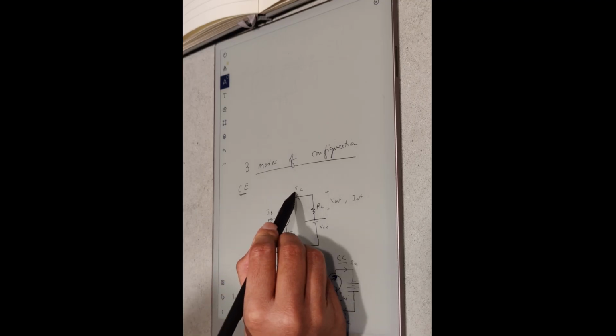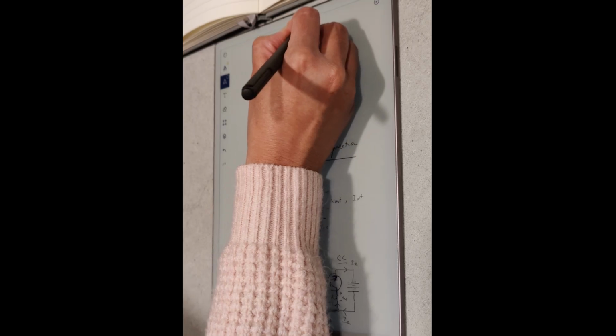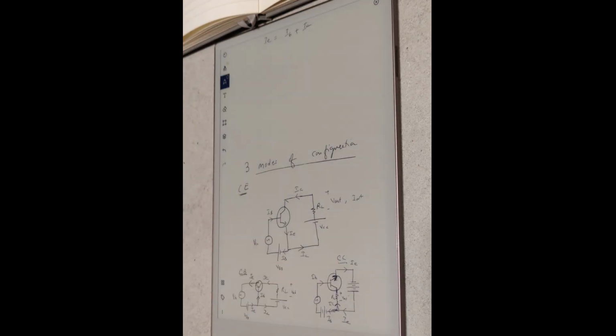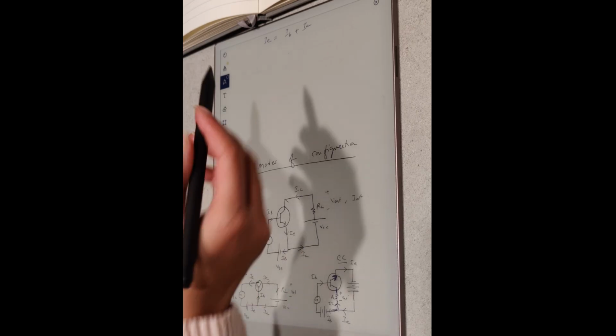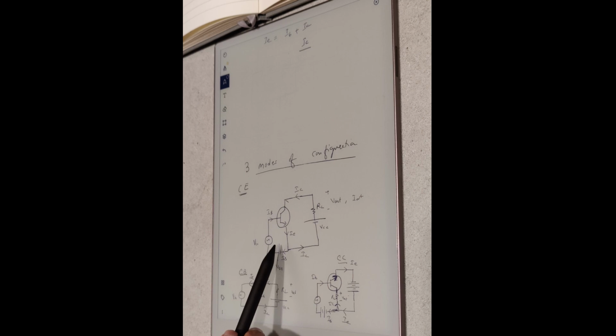We know that IE is equal to IB plus IC, as we saw before. Now what is my output current? My output current is IC, because that's what's flowing into my load resistor. And what is my input current? My input current is IB, because that's flowing through the input supply.